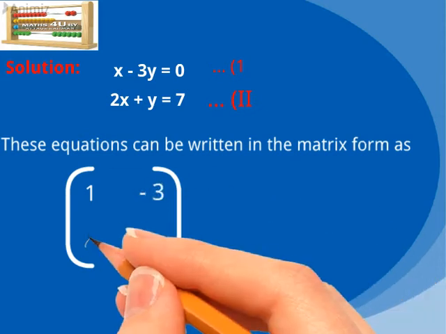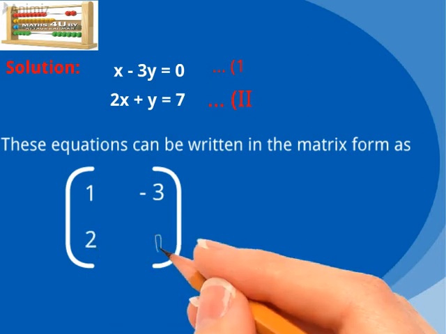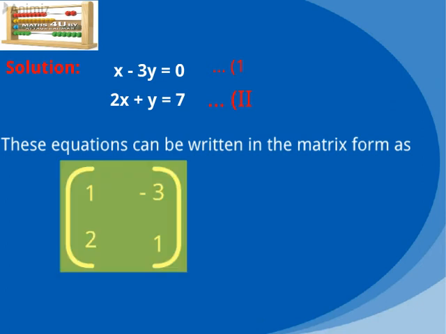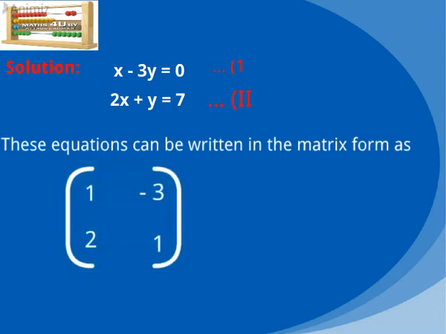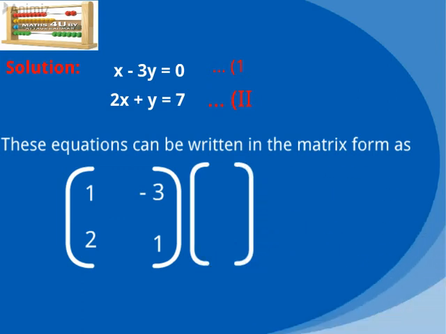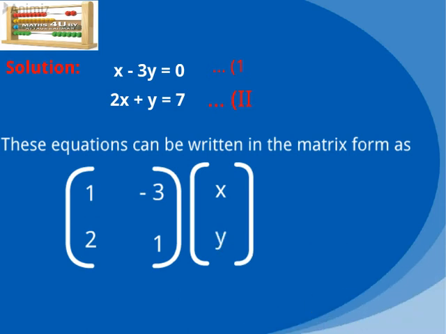Similarly, the coefficient of x in the second equation is 2, and that of y is 1. As this matrix contains only coefficients, it is called the coefficient matrix. Along with this coefficient matrix, we have a column matrix comprising the unknown variables x and y, called the matrix of unknown variables.